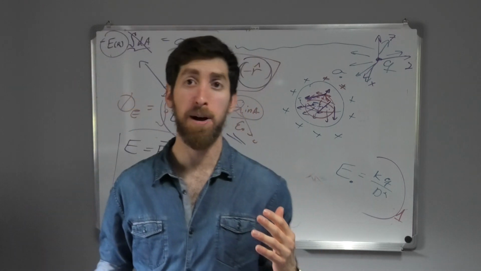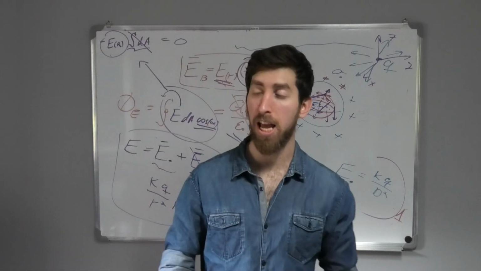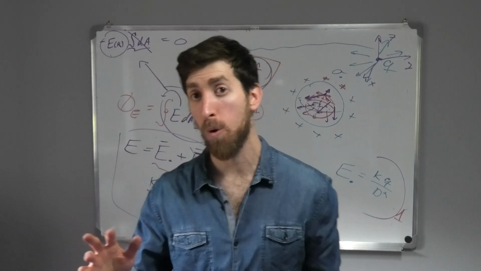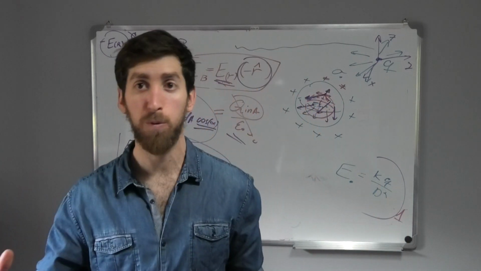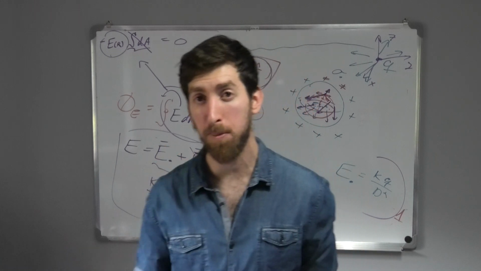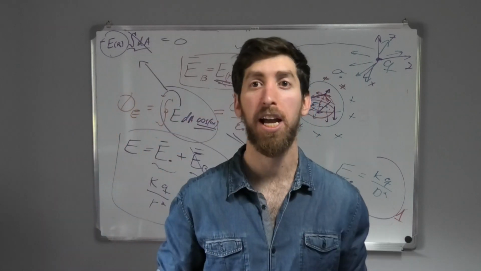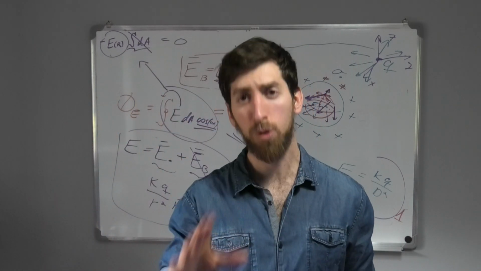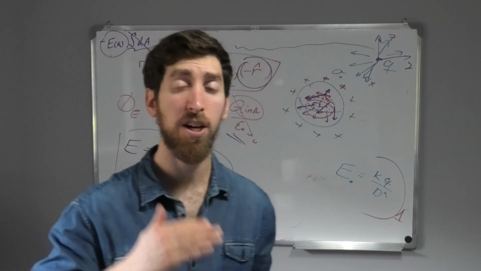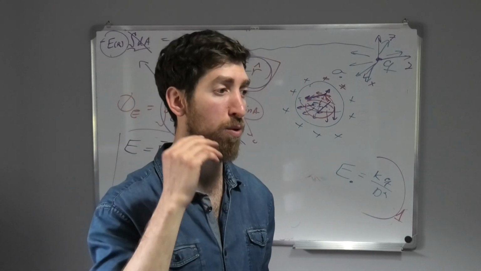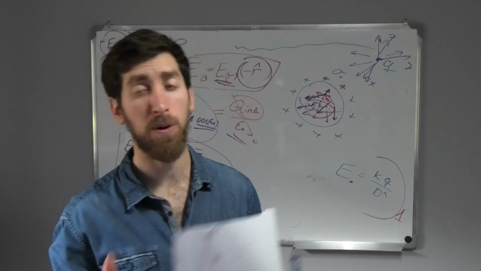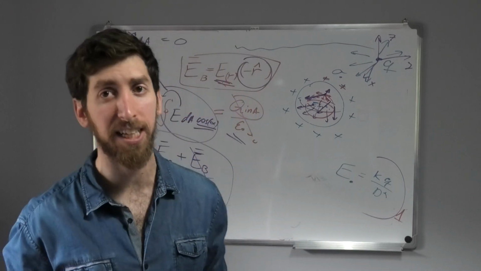But don't worry, we're going to use it a lot, and we're going to approach it from another direction when we get to magnetic fields. We're going to use Ampere's law, which is really similar, and it's going to help you understand and digest this equation. So just think about the symmetry, try to understand what dA is, what the electric field is, and work like we did in class.